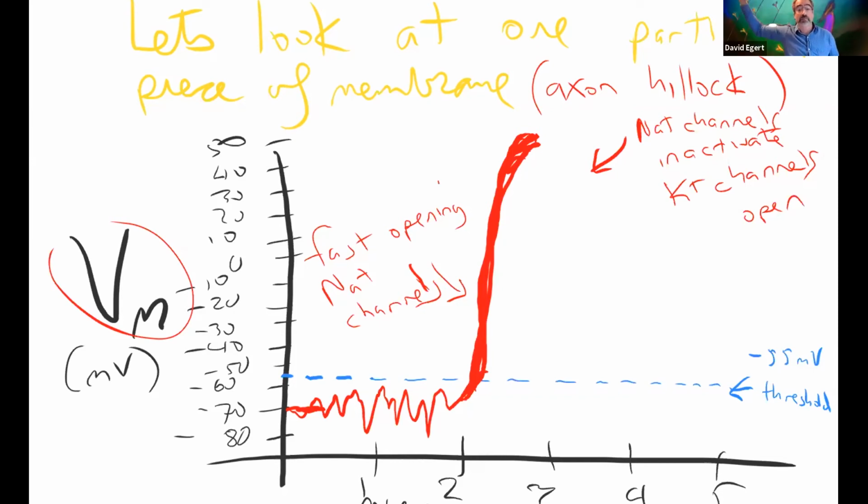The potassium wants to leave, and if it's really positive inside, that also makes the potassium want to leave. So the potassium leaves, and not only does it go back down to where it was, because we now have a higher than normal potassium conductance, it goes even lower. We have this hyperpolarization going on here.